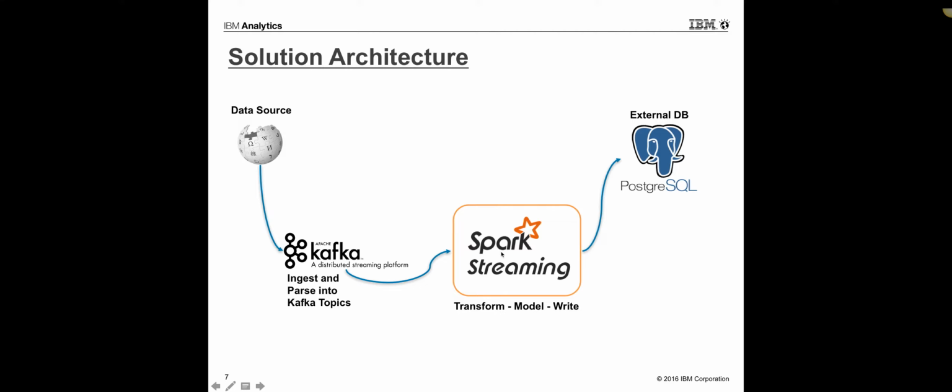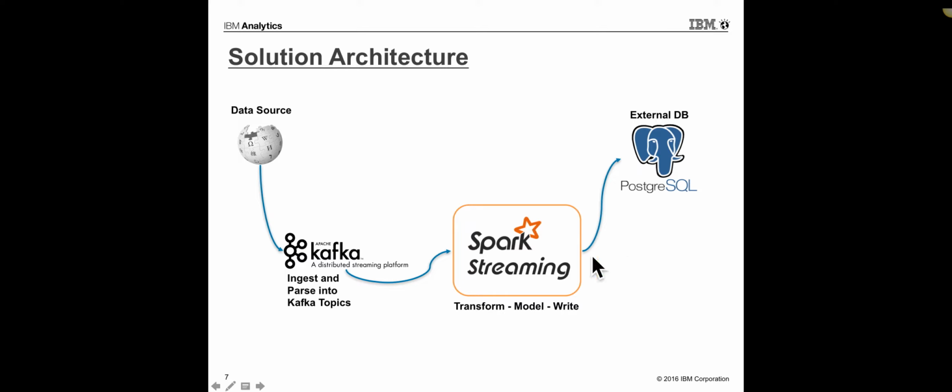Spark Streaming is going to ingest the data from Kafka, where we'll start to do our more sophisticated transformations and filtering of the data. We'll also do the machine learning that we've talked about, and then we'll write it out to an external database. In this case, we're going to use PostgreSQL, which is an open source database. And yeah, that'll be that.